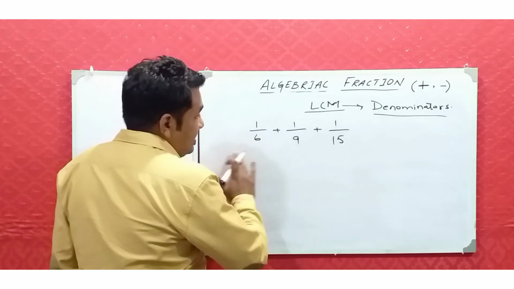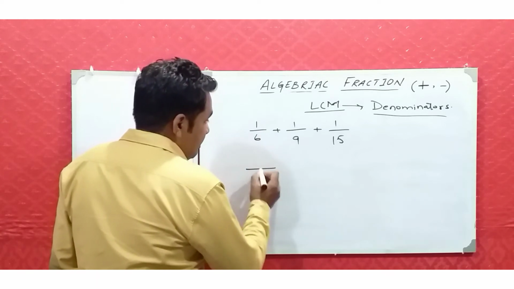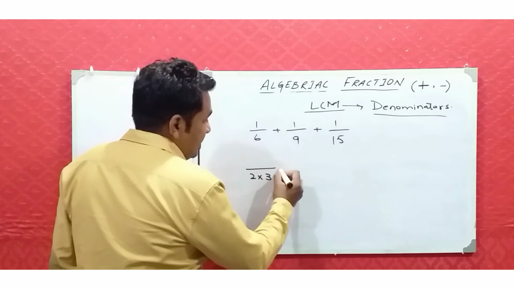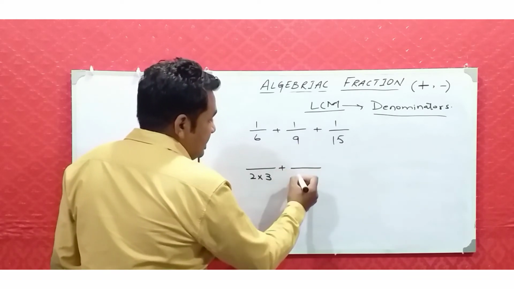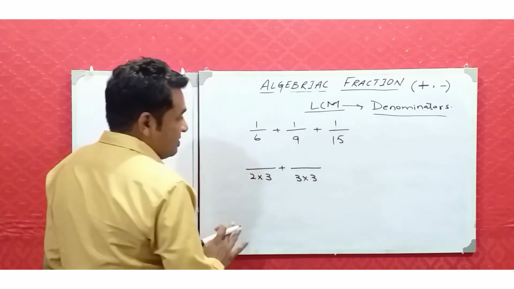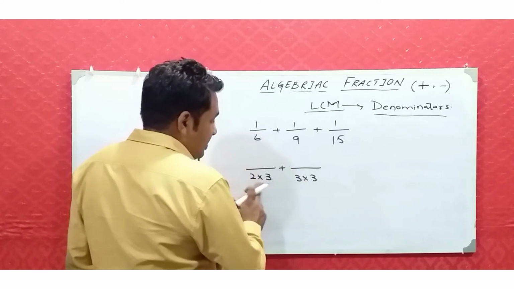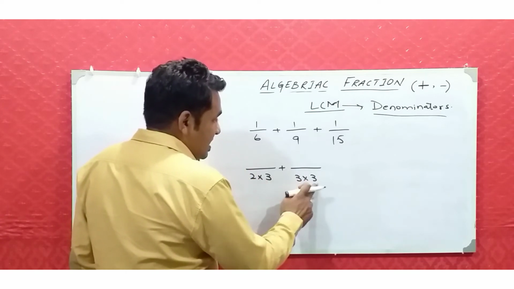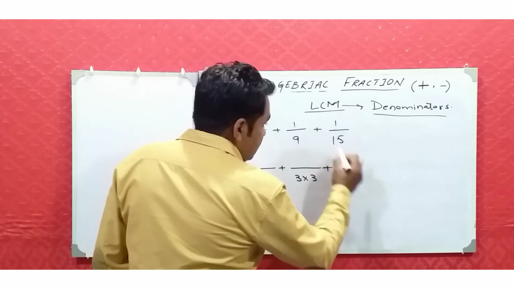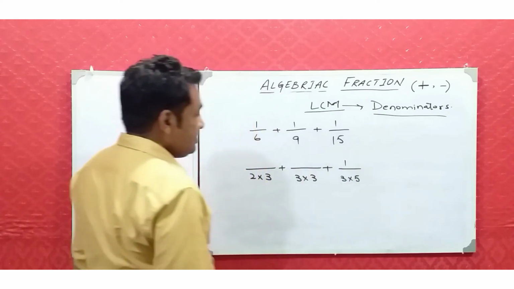Let's convert these numbers into their factors. For example, 6 can be written as 2 times 3, 9 can be written as 3 times 3, into prime factors only. 2 and 3 are both prime factors, 3 and 3 are prime numbers, and 15 can be written as 3 times 5.